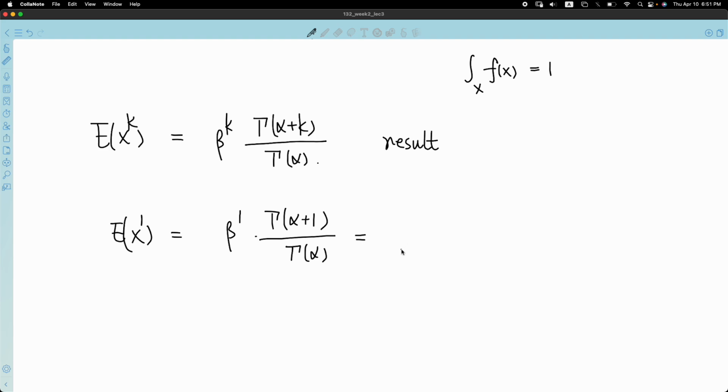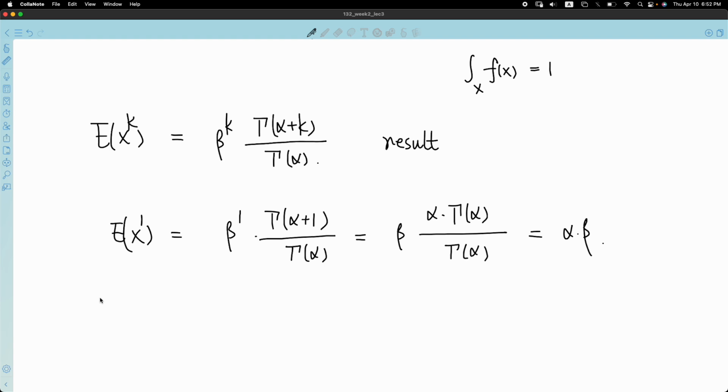This is equal to alpha multiplied by the gamma function of alpha, applying the property that we introduced earlier, divided by gamma function of alpha. So the expectation of a gamma random variable is just alpha beta, the product of the two parameters.